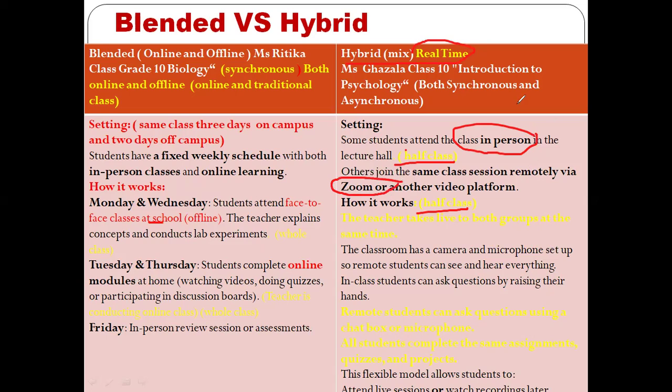For example, you have 20 students in your classroom, 10 students offline, and 10 students online, at the same time, just like currently, right? Half the class you are teaching physically, and half the class is online. So this we call real time, when both groups of students are present, physically in the class as well as online.